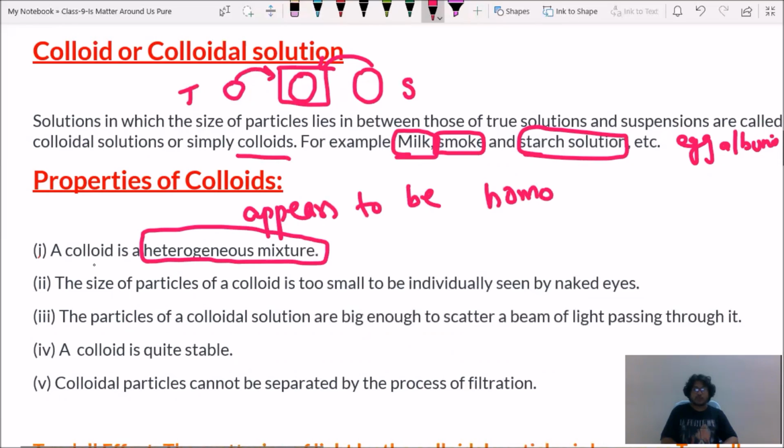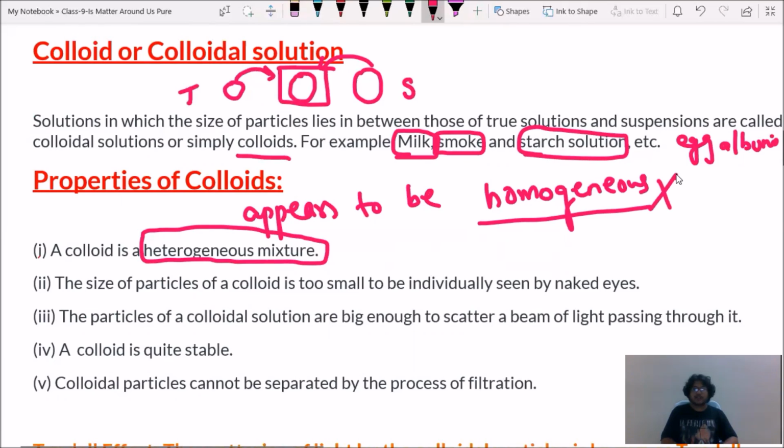That is the most important point you need to remember. So colloidal solutions appear to be homogeneous, but they are not homogeneous, they are heterogeneous.